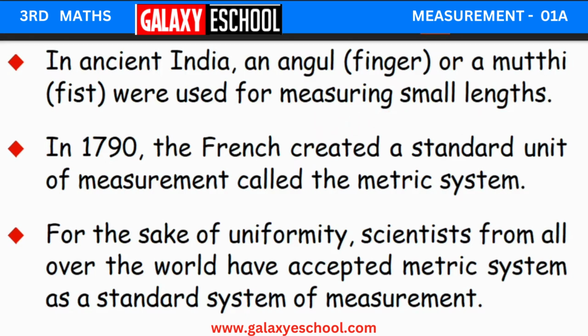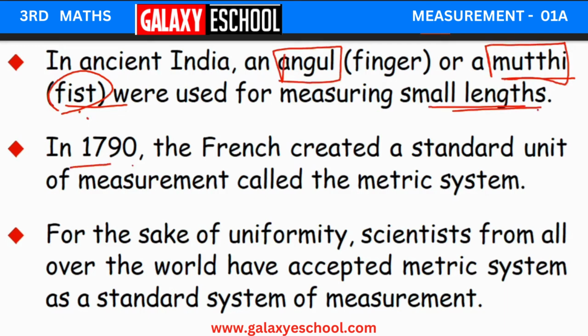If we have very small lengths, to measure those in our country we used angle and muthi. Angle means finger, children. See, 1 finger. So the length of 1 finger, or else muthi. Muthi means fist. Fist means what? When we close all our fingers together, then we get our muthi, also called fist in English. So angle and muthi were used for measuring small lengths.